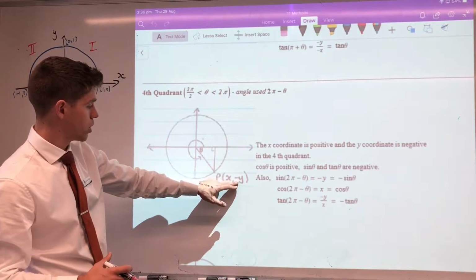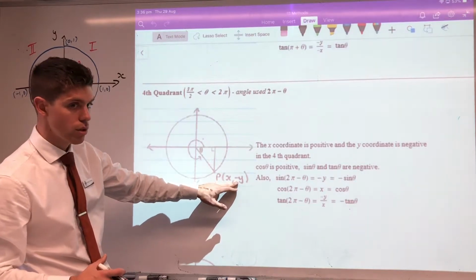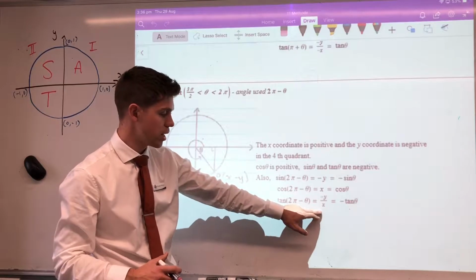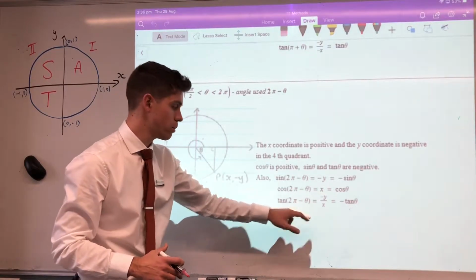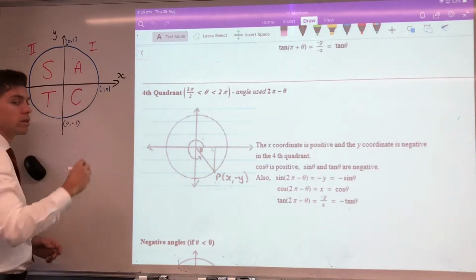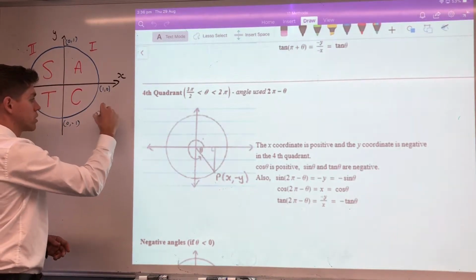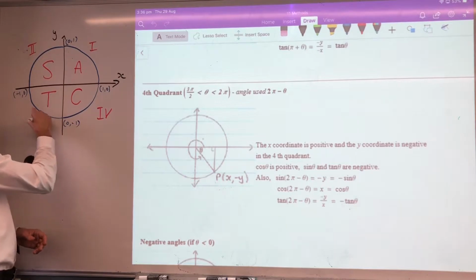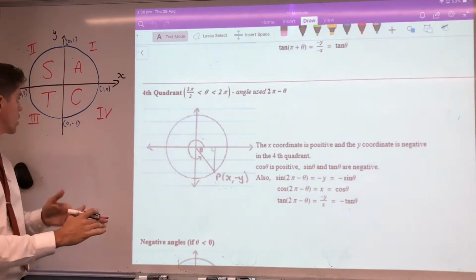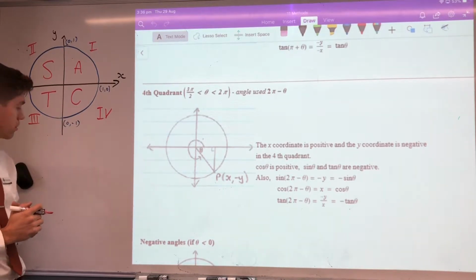The y-coordinate will always be negative, which means taking a negative y-coordinate, dividing by a positive x-coordinate will always yield a negative tan, which means that the fourth quadrant will always yield a positive cos value.